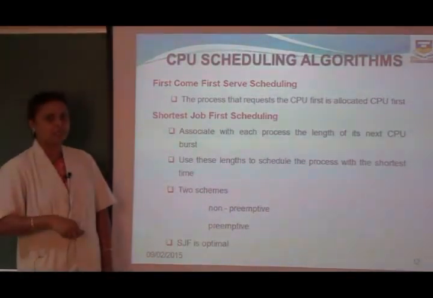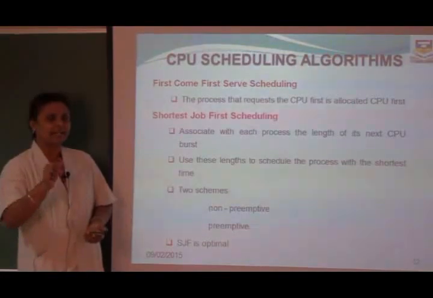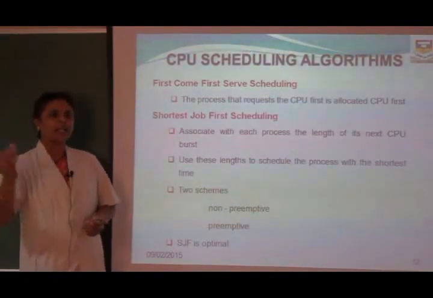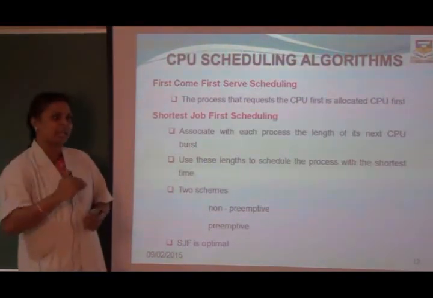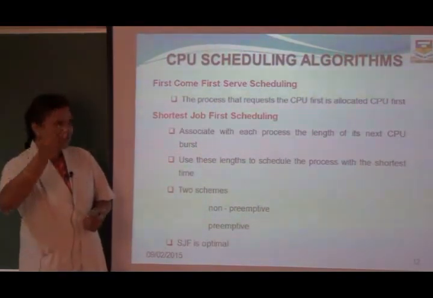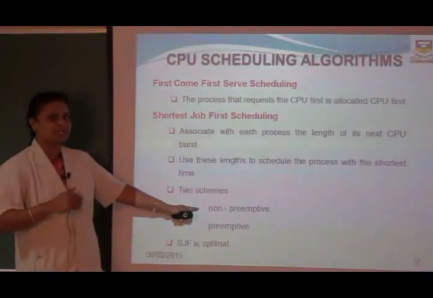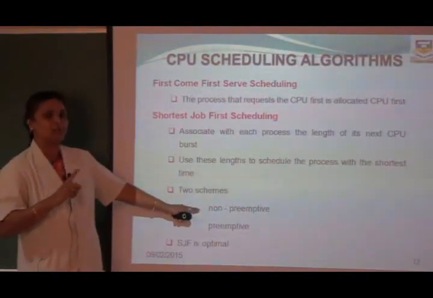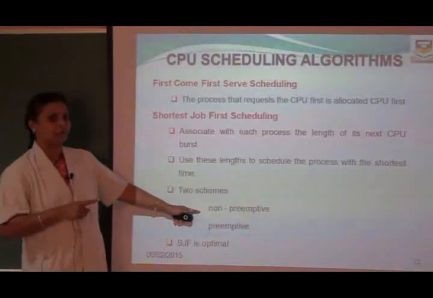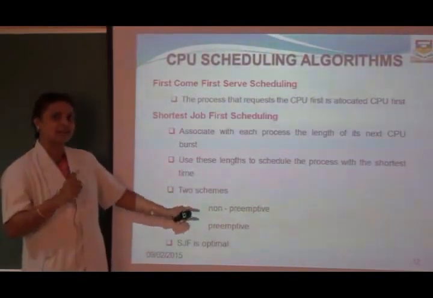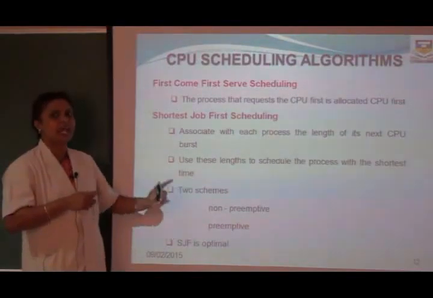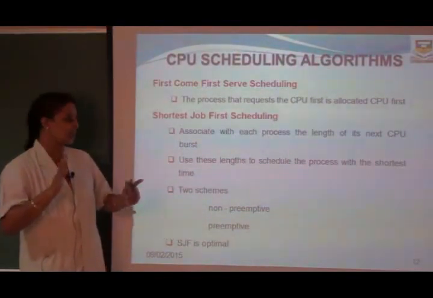Non-preemptive means a process is currently executing on the CPU and a new process arrives. Even if the newly arrived process has a smaller burst time than the currently executing process, the CPU cannot be preempted from that process. That process continues its execution and releases the CPU only when its burst time is completed.